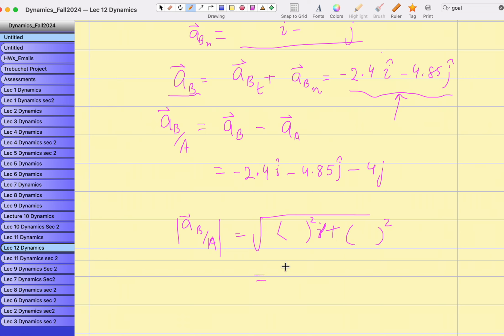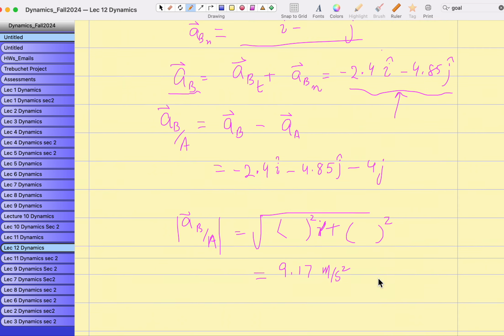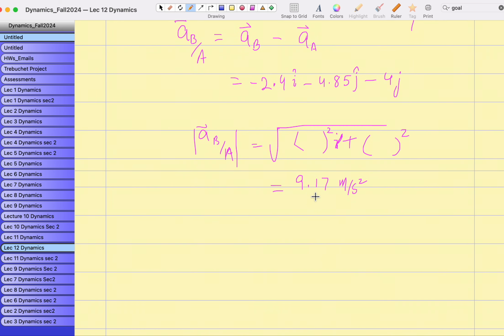If you solve for this, you should get 9.17 meters per second squared, and the angle, by the way, this is 8.85, correct, and this is minus 2.4. And if you solve for this, this is negative side, this is positive side, so this is also negative side, correct?